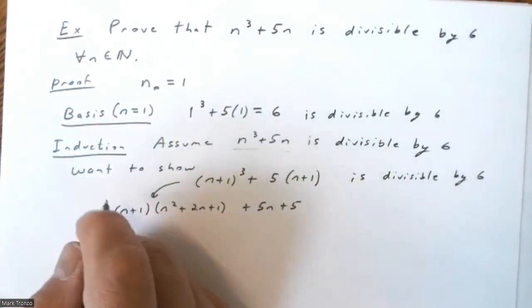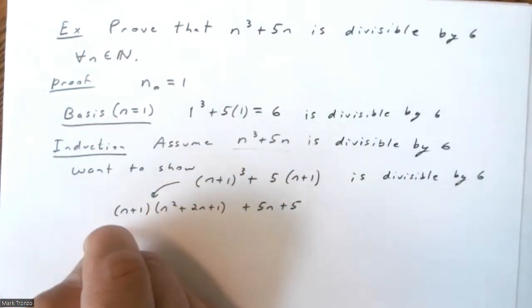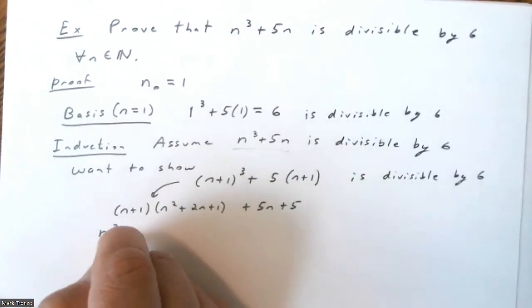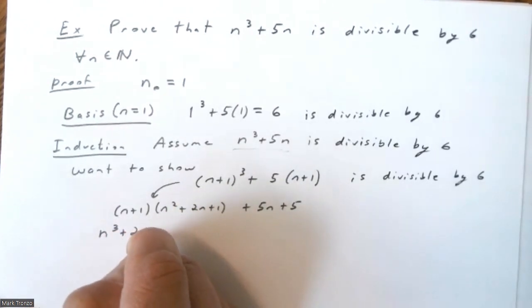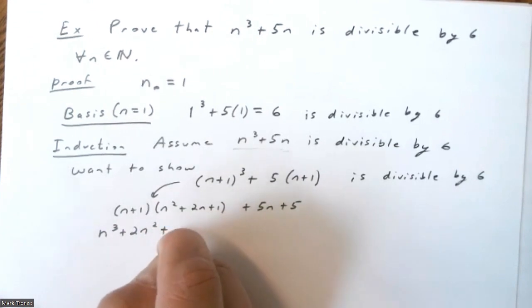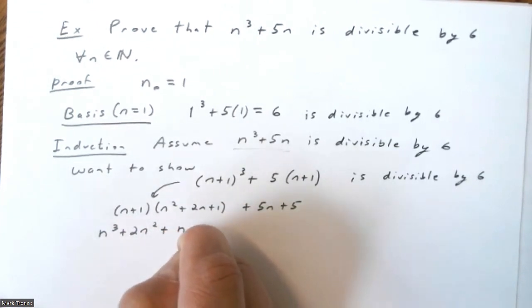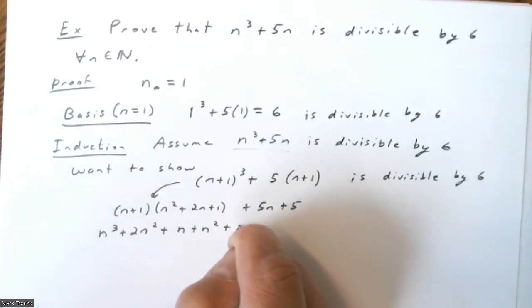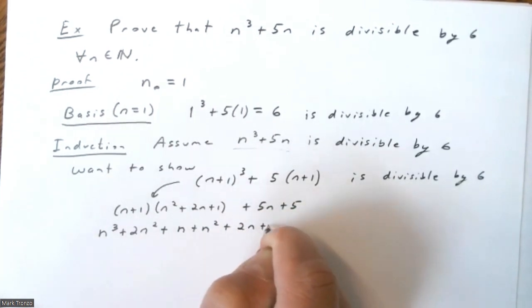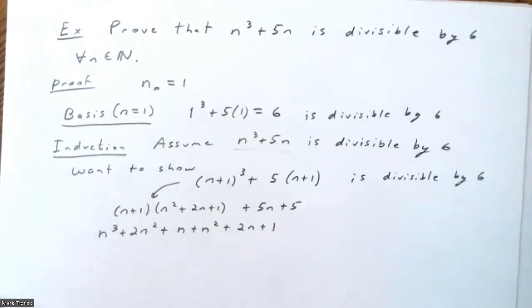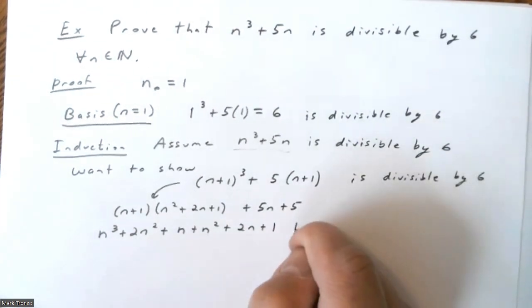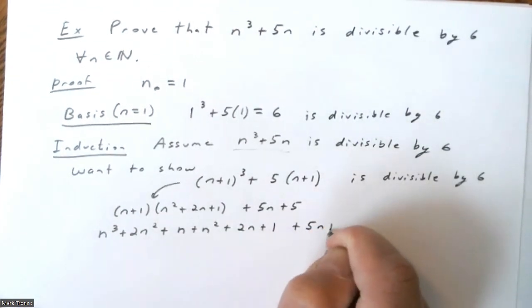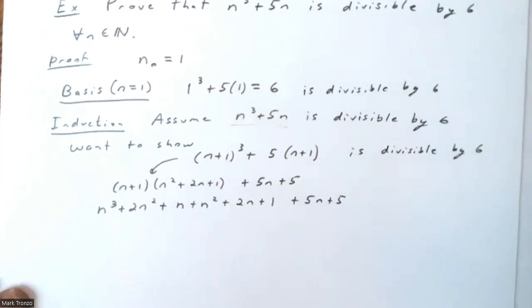Some of you maybe memorize the trinomial equation. I never did. I always multiply them out. But if you memorize it, that's even better. I usually just work them out. And then plus our 5n plus 5.